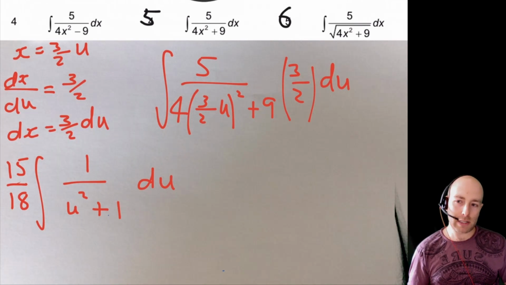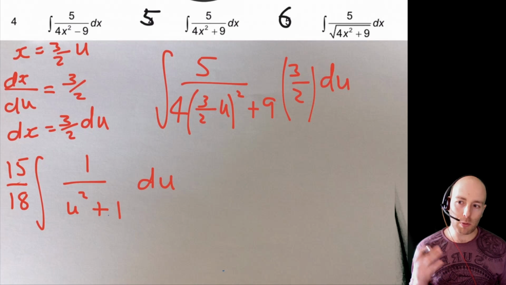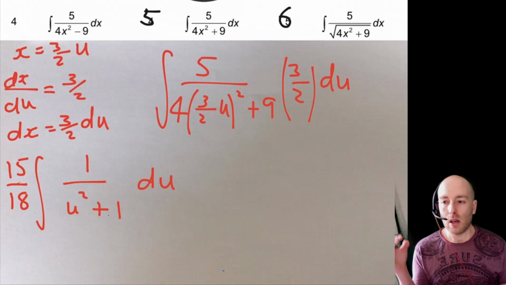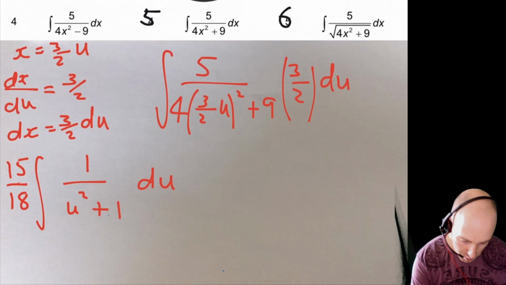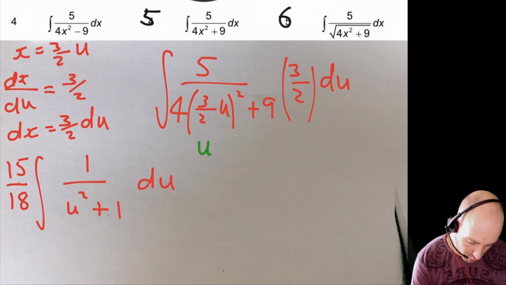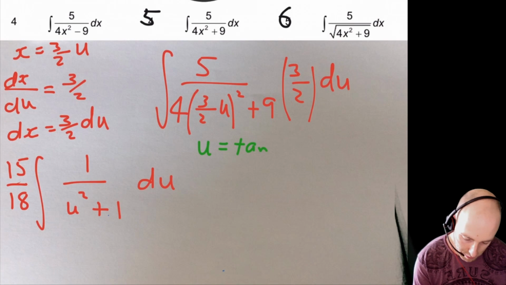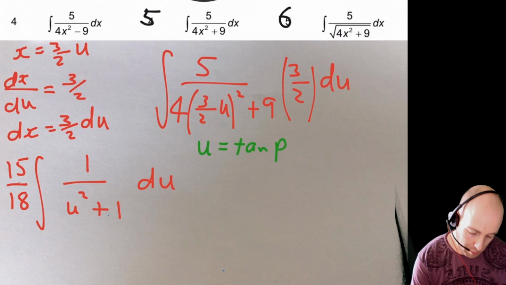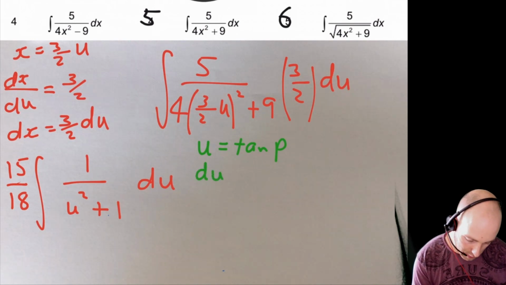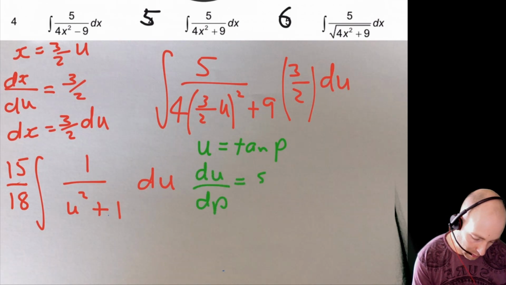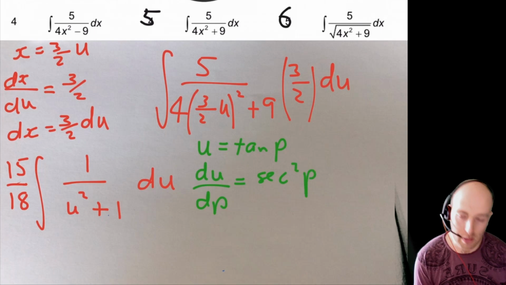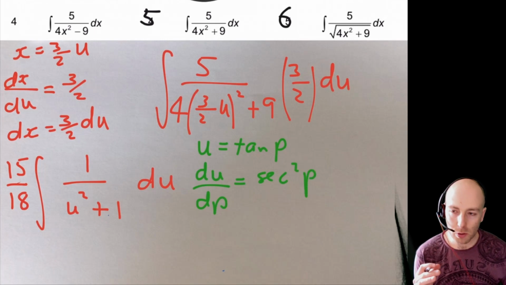Now it's going to be a trig substitution. u squared plus 1, if we make u into tan or cot, this will be really easy to do. So I'm going to say substitution 2, u equals tan p. du by dp gives me sec squared p. Let's put it all back together.